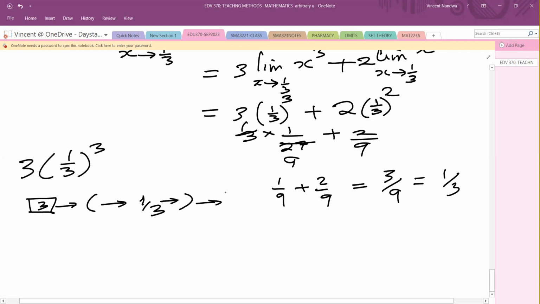And then you key in this button here, raise to. Then you key in 3, then press the equal sign. You should get 1/9.